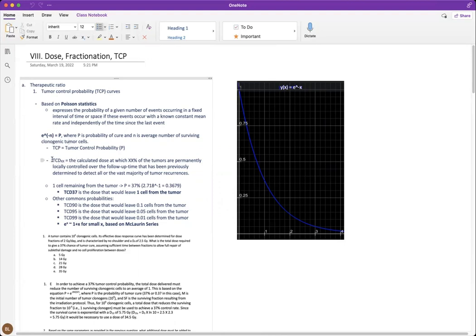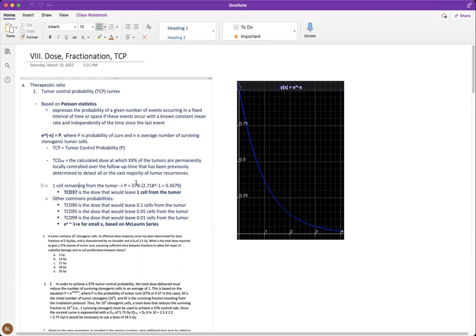Okay, so tumor control probability of a certain dose. This is a calculated dose at which XX% of the tumors are permanently controlled over the follow-up time that's been previously determined to detect the vast majority of tumor recurrences. So for 1 cell remaining from the tumor, P equals 37% because we had e to the negative 1 equals 0.37.